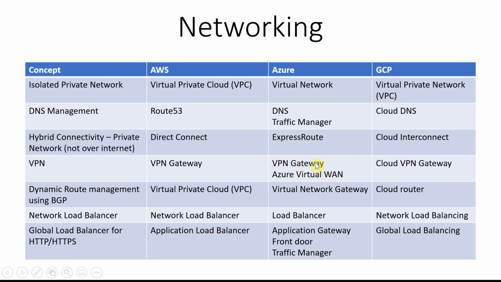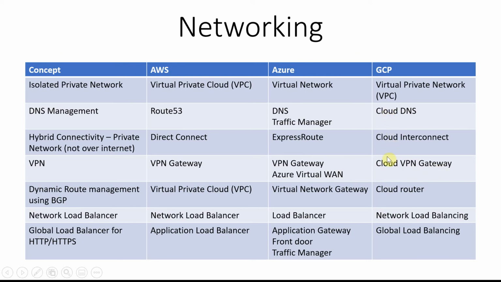But if you're talking about multiple-site connectivity, like you are a global company and you have multiple sites and multiple office locations within a region, that will be a bit tricky. In that case, when you are a global company with multi-region and multi-site, the answer is Virtual WAN in Azure. In the GCP world, it is Cloud VPN Gateway.